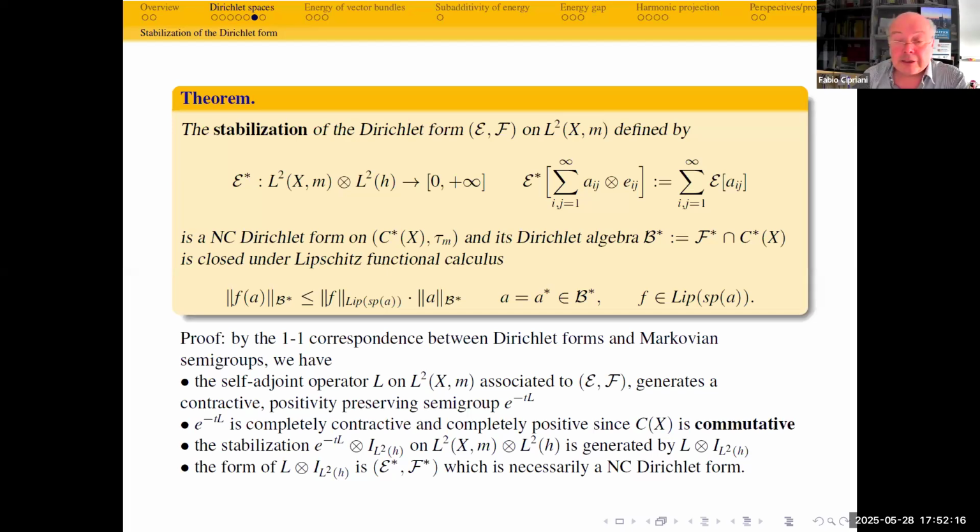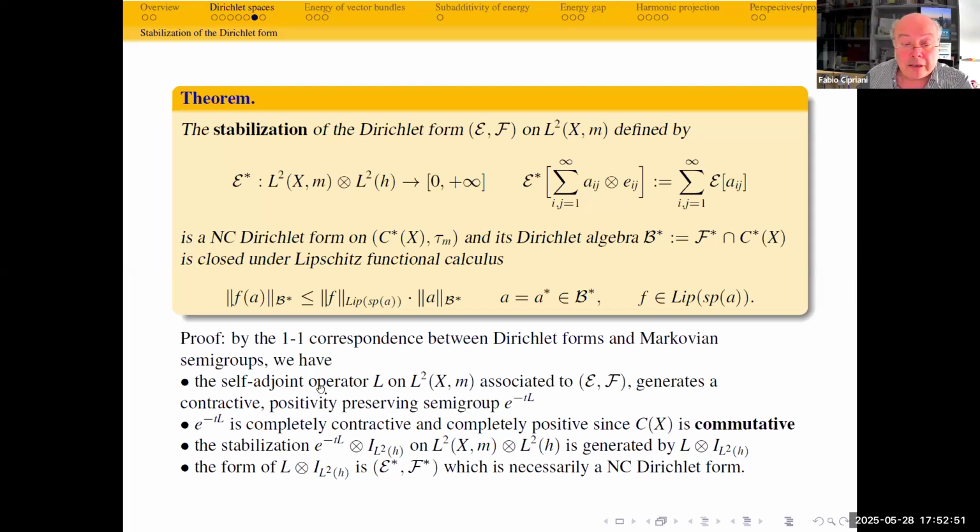And this theorem is not difficult to prove, but the only crucial property one uses is that when we have a positivity preserving map on a commutative C star algebra, this is automatically completely positive.